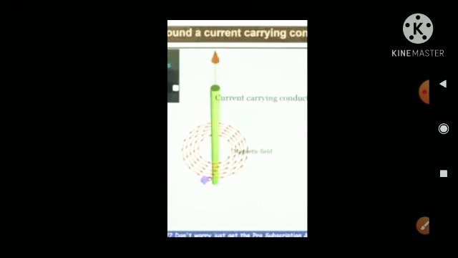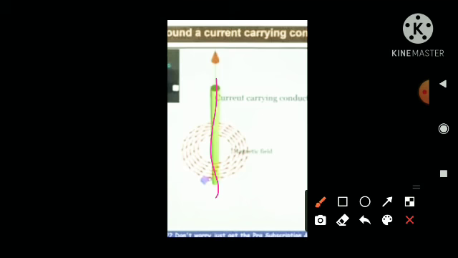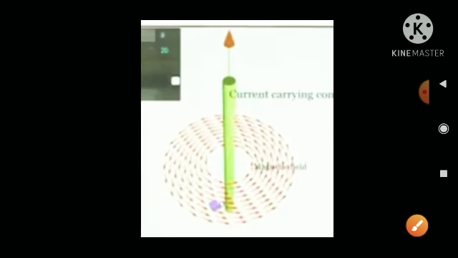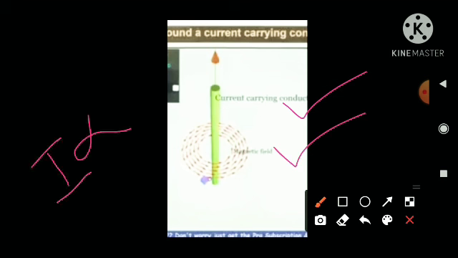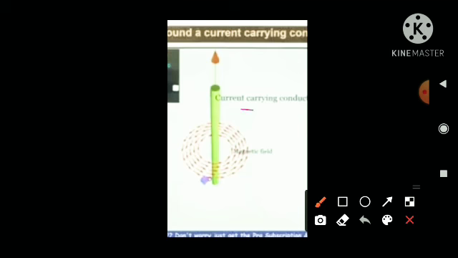If we simulate an electric wire and its magnetic field, what happens if we increase the current of the carrying conductor? The magnetic field also increases. Means current is directly proportional to the magnetic field.